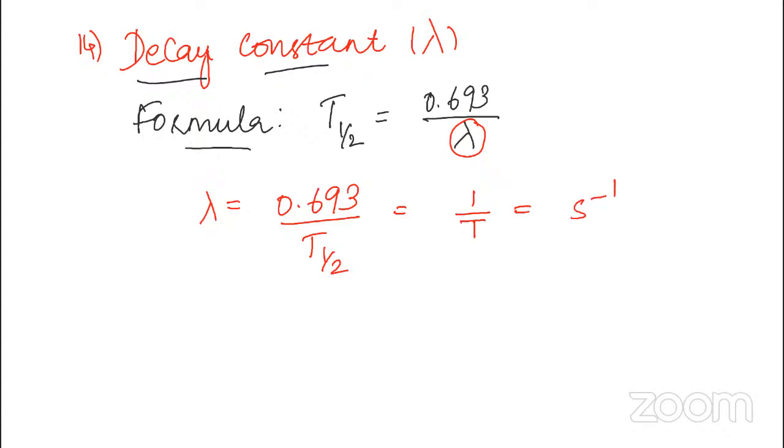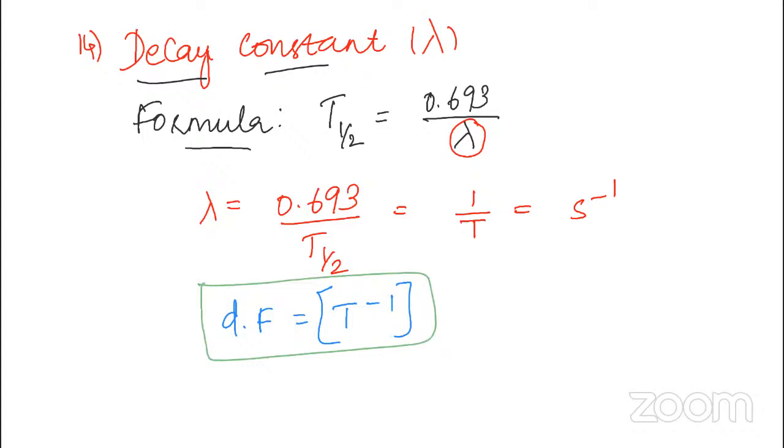Now writing the dimensional formula, that is T power minus 1. So for decay constant, the dimensional formula is T power of minus 1.